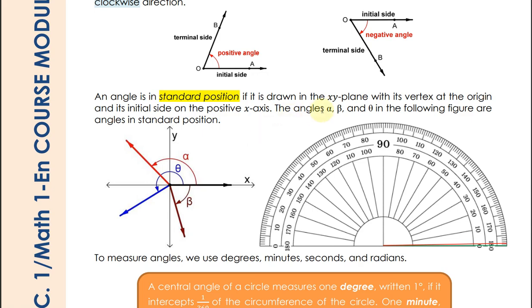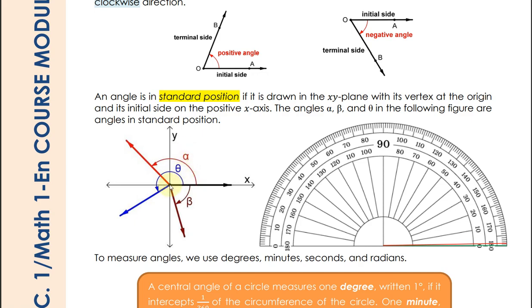The angles alpha, beta, and theta in the following figure are angles in standard position. These are examples of angles in standard position. First is alpha, which is this red arrow, whose angle goes upward.